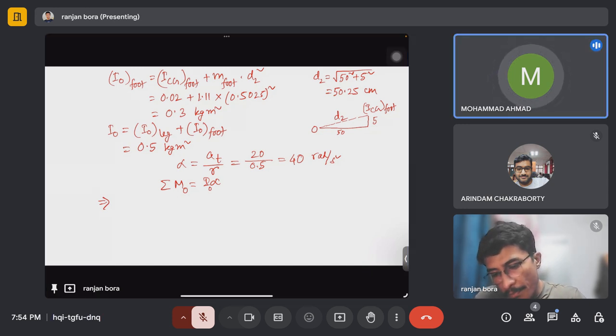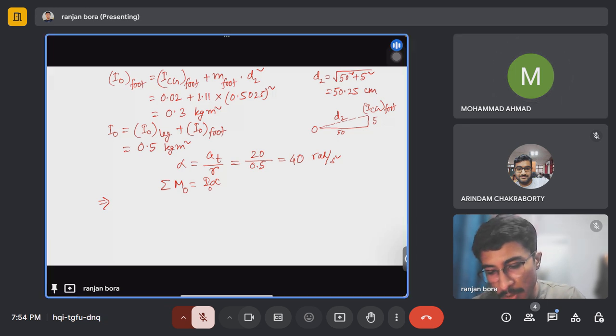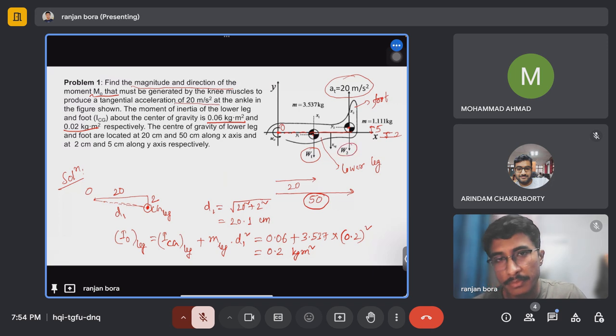So it will include the moment by the weight of the limb. Yes, we need to consider those also. This moment due to W1 and W2.